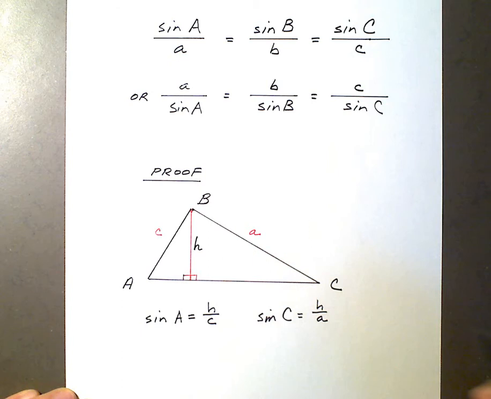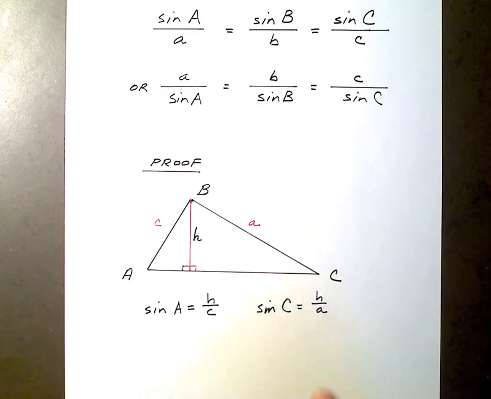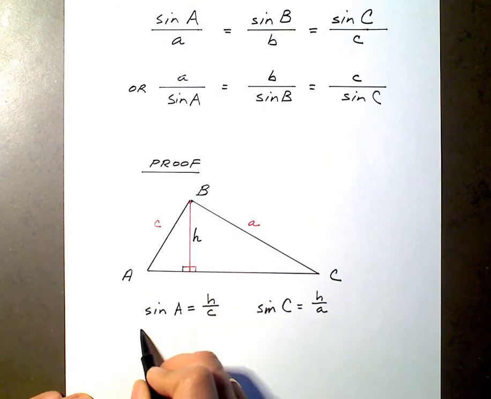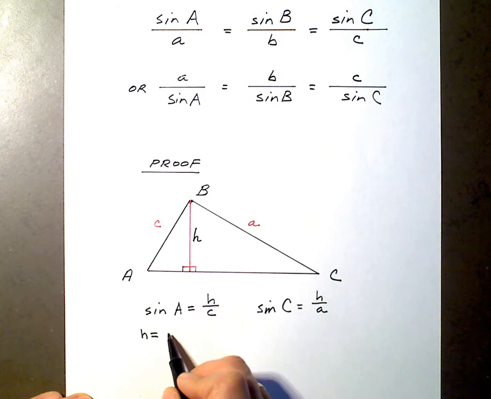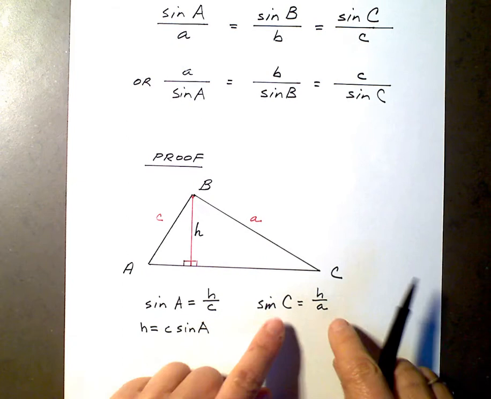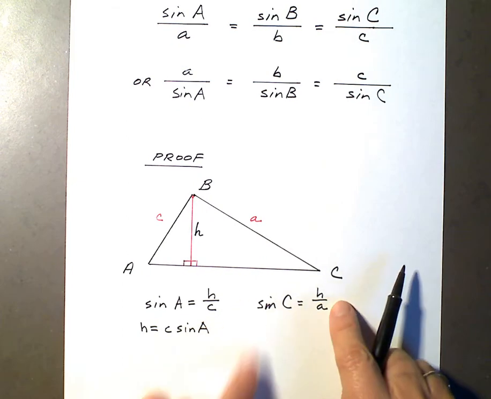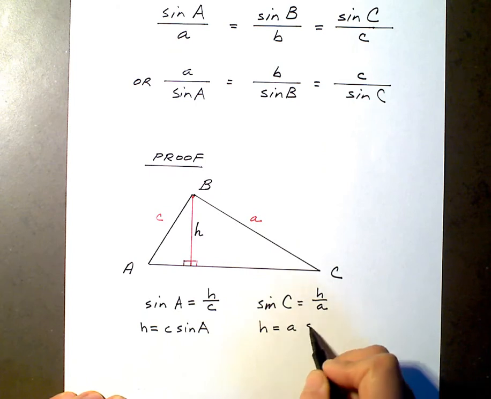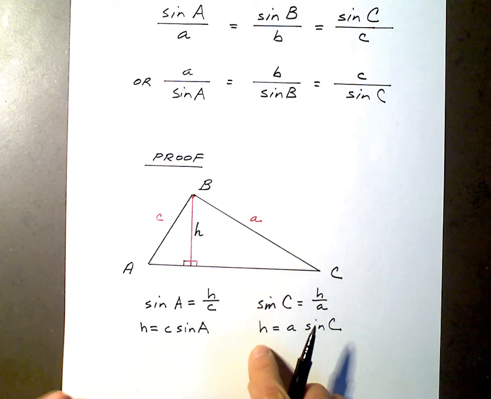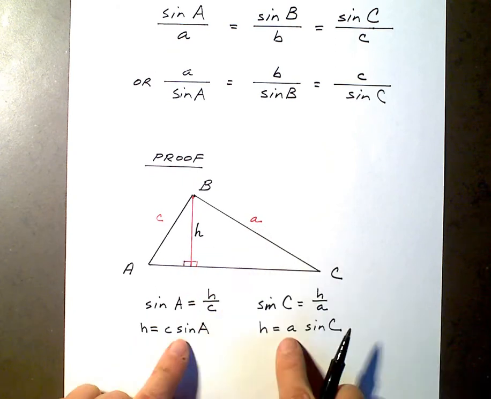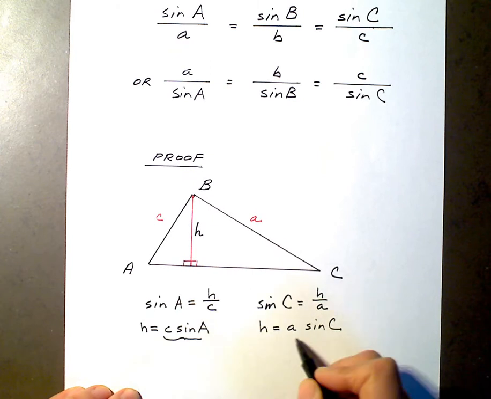Then, because I do want to eliminate the H, I can use H to link these two. I can solve each of these for H. So with this equation, if I multiply both sides by C, I will have H equals C times the sine of angle A. And in this equation, if I multiply both sides by A, I'll isolate the H, and I'll have H equals A times the sine of C. And since H is the same in the big triangle, it's just this length, whatever it is, these two expressions represent the same value.